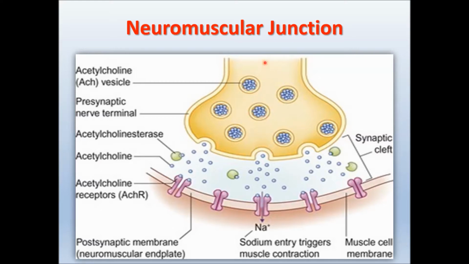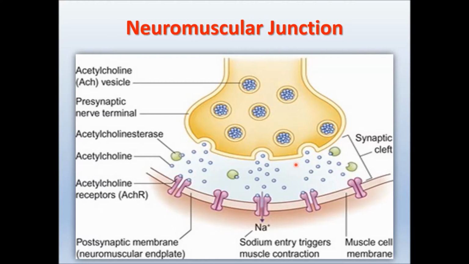The repeating of the nerve impulses and the repeating of the excitation of the acetylcholine receptors cause the muscle to continue its contraction. Well, anything that interrupts this process will cause muscle relaxation at the end.